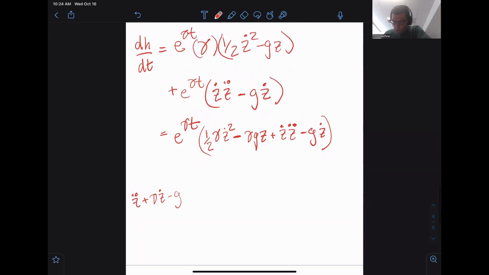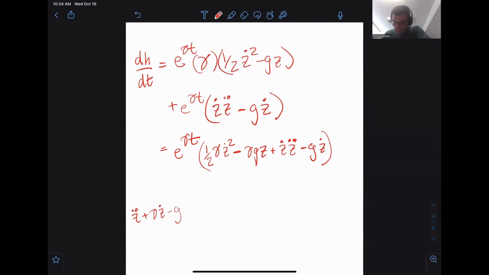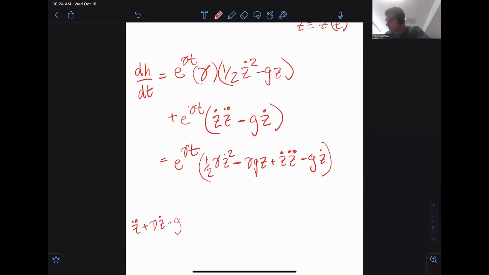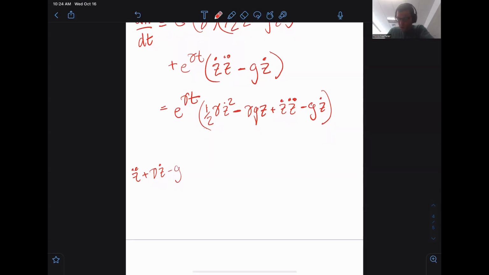And if we did this correctly, this guy here can be rewritten as gamma z dot squared minus 1/2 gamma z dot. Okay, and then the rest stays the same.